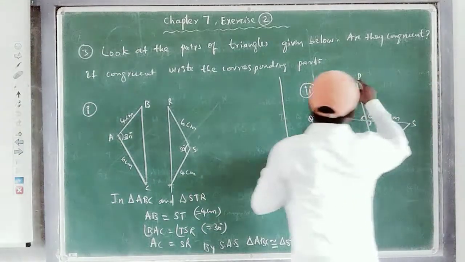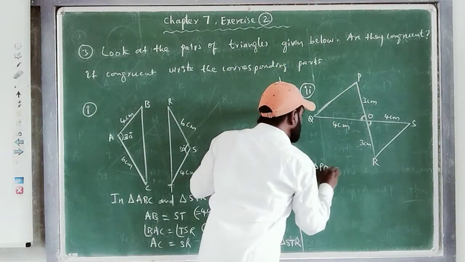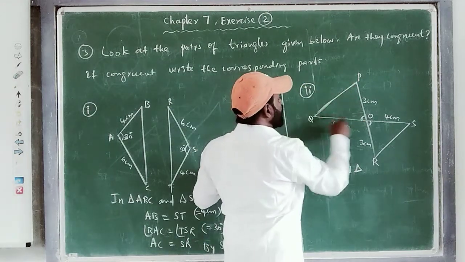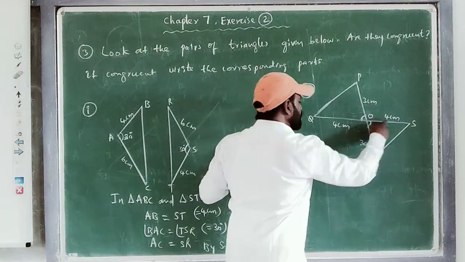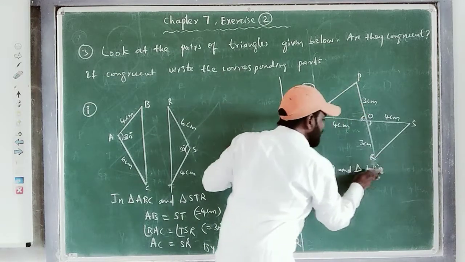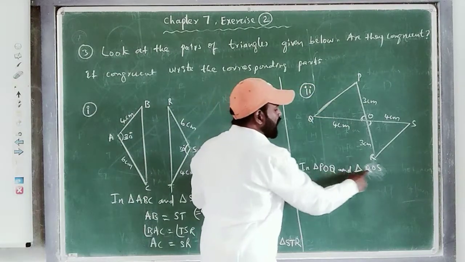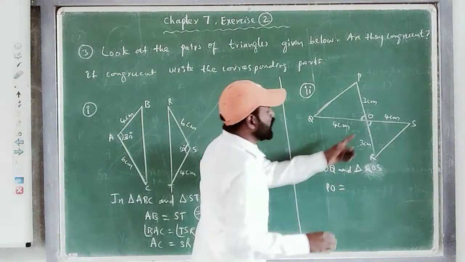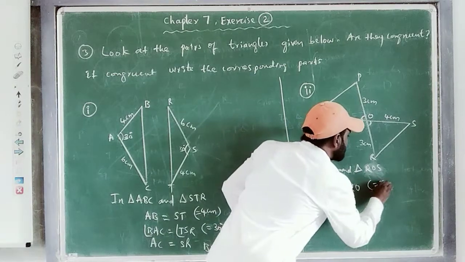So in triangle POQ and triangle ROS, starting from 3 centimeters, PO is equal to RO, both are 3 centimeters.